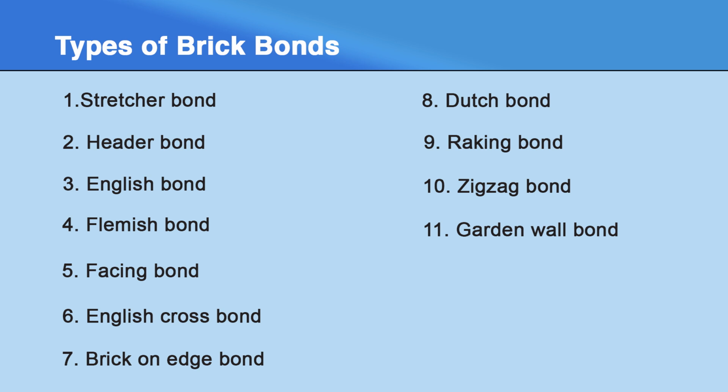Number 1 is the stretcher bond, number 2 the header bond, 3 English bond, next Flemish bond, 5th facing bond, 6th English cross bond, 7th is brick on edge bond, 8th is the Dutch bond, 9th raking bond, and 10th zigzag bond, and 11th is the garden wall bond. Let us take one by one.